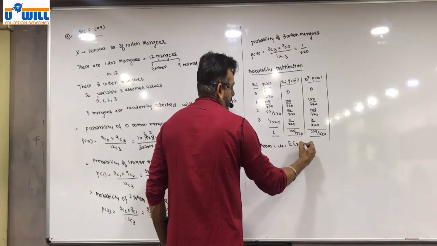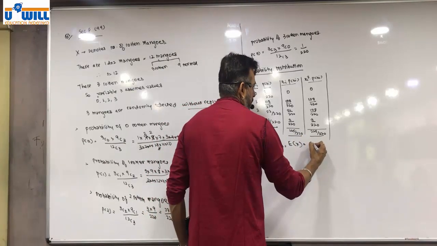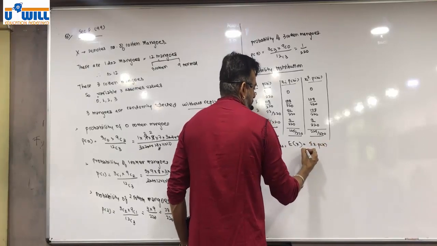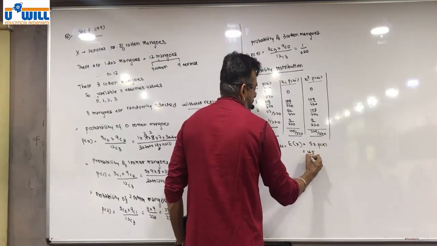Therefore, mean mu is equal to the expected value of random variable x, which is sigma x into p of x, which is equal to 165 by 220.